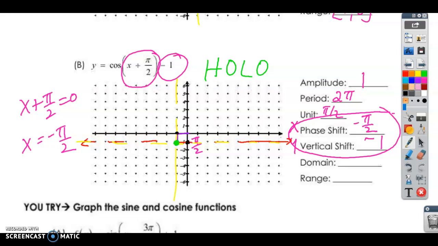High 0, low 0, high 0, low 0. And usually I go on the other side as well. And then you draw your graph.